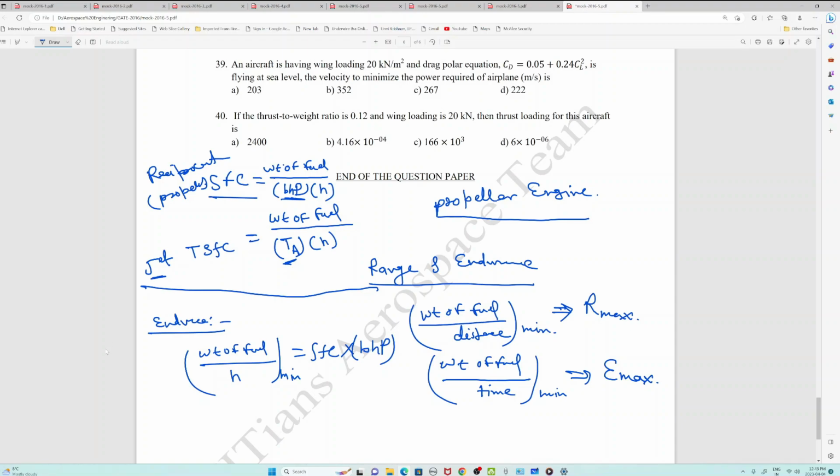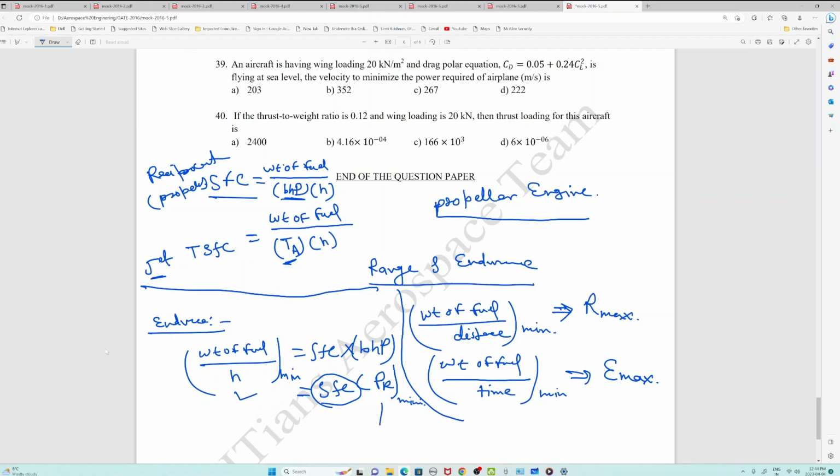So obviously whenever we are flying in steady level flight, guys, you know very well, this we can say is the power required, SFC into power required. For maximizing the endurance, this factor must be minimum. If you want to make this factor minimum, then obviously the power required must be minimum for a particular given SFC. Is it clear?